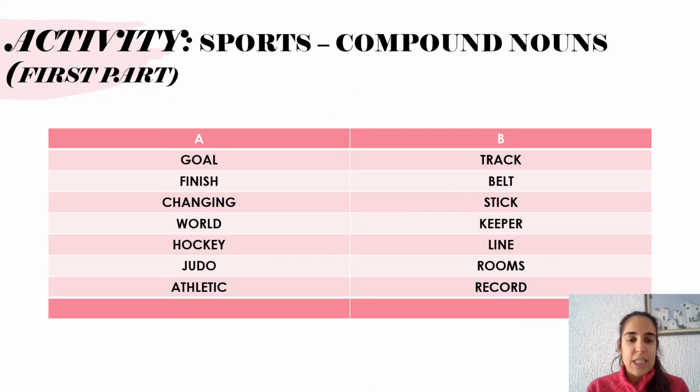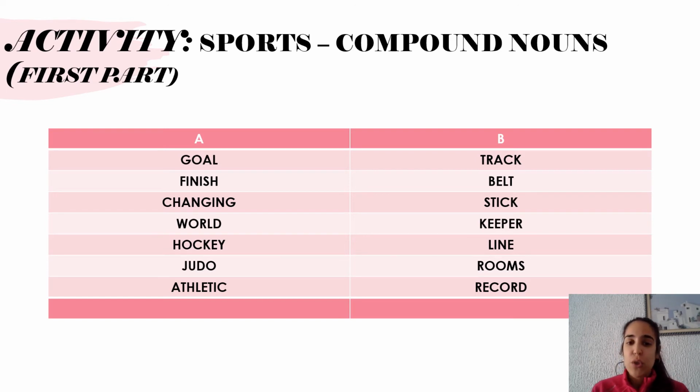This activity is focused on compound nouns related to sports, and it is divided in 2 parts. In both parts, my students are going to work in pairs, and I'm going to ask them to match the first column with the second one, that is, to create a compound noun. How are they going to do that? Are they going to guess the match?